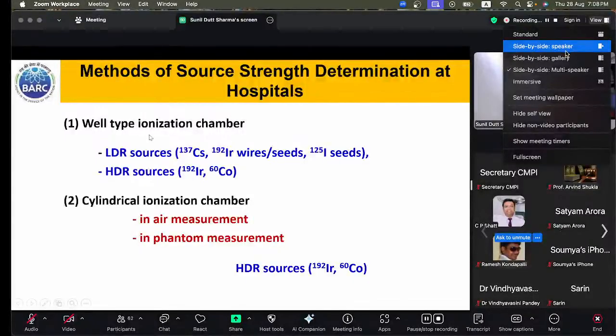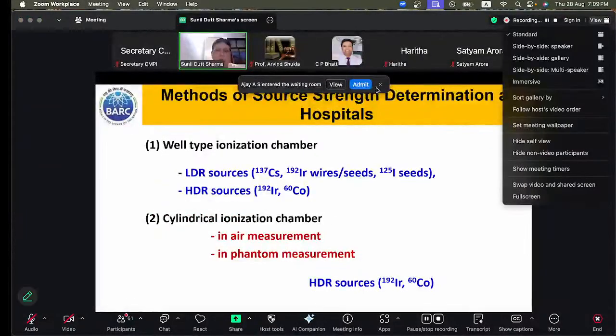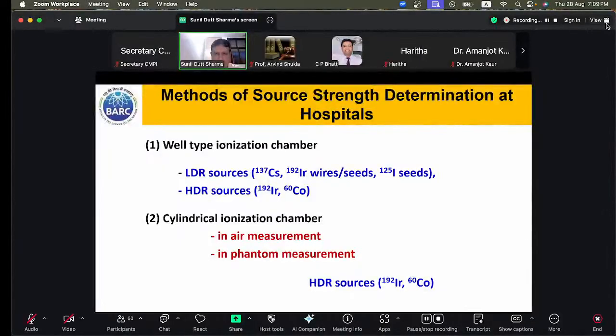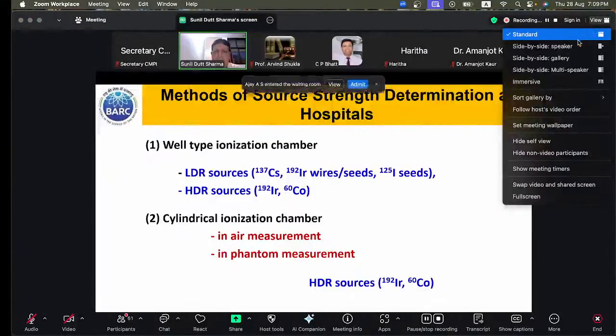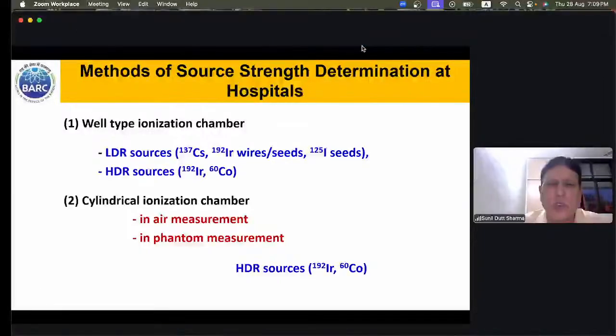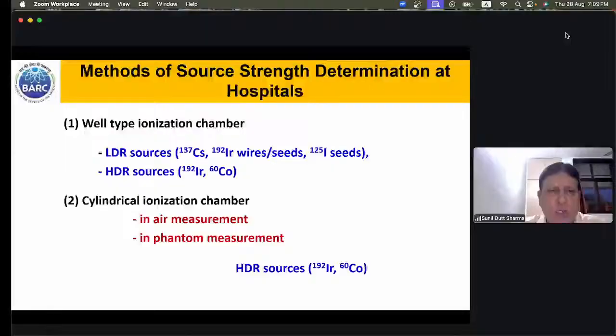Now, what instruments were we using in the past? For example, if I have to measure the strength of a cesium-137 tube source, which was used for gynec brachytherapy, or an iridium-192 wire source or seed source, or an iodine-125 seed source, or even a palladium-103 seed source, then usually we feel a bell type ion chamber is a handy instrument.